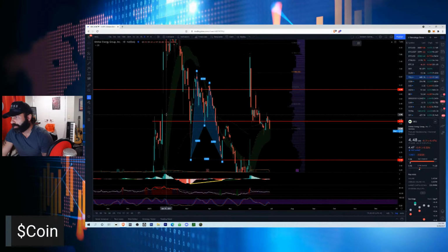I didn't have that marked out before, but I like that. You got this candle close, you got this massive wick down. I would look to $5, maybe this 474 zone, and then up to $6.